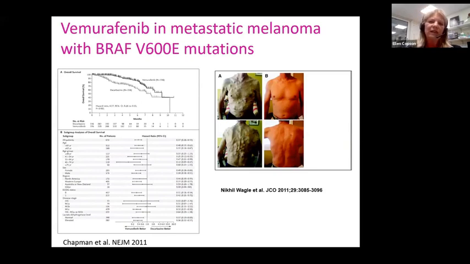And of course, the advent of the BRAF inhibitors, such as vemurafenib, which was very specifically designed to target an altered protein that was found in a significant proportion of melanoma patients. The key biomarker for that, of course, is the V600E mutation. And we've all seen the data from the pivotal clinical trials that brought this into routine practice.